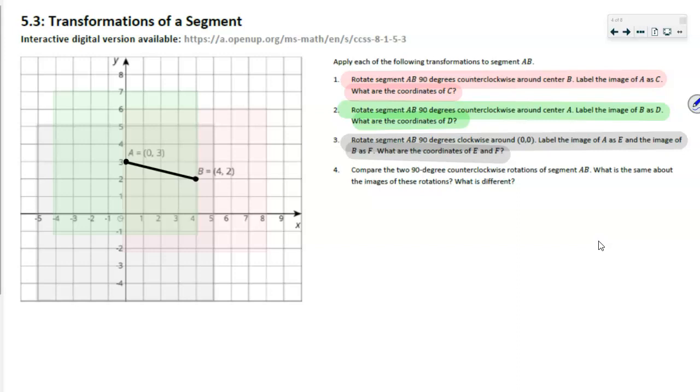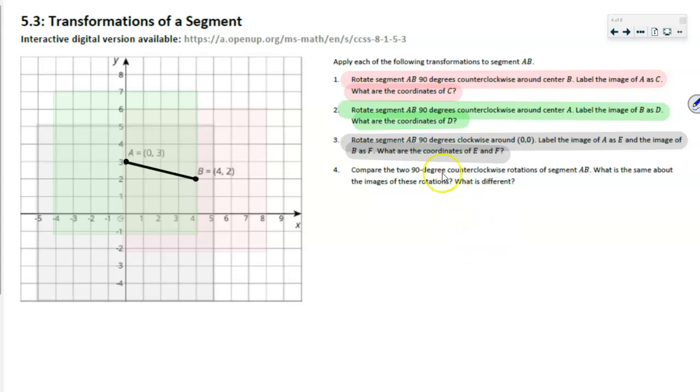So I'll give you a second to trace out A, B, drawing that line. Again, you can see that A has coordinates 0, 3, and B has coordinates 4, 2. We're going to see what happens to those coordinates as I do these different rotations.